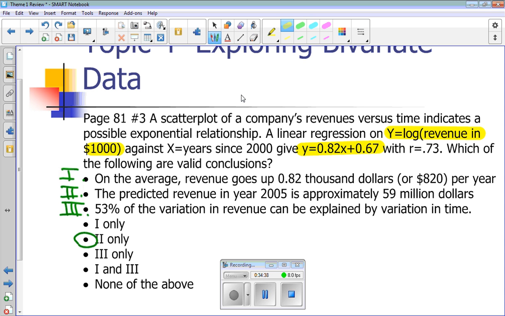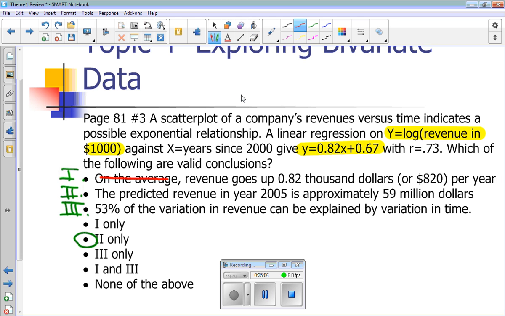So for Roman numeral 1, on average, we don't say that with regression, just ever. Roman numeral 3: 53% of the variation in revenue can be explained by variation in time. That sounds like a sentence we used to say that corresponded to what? R squared.